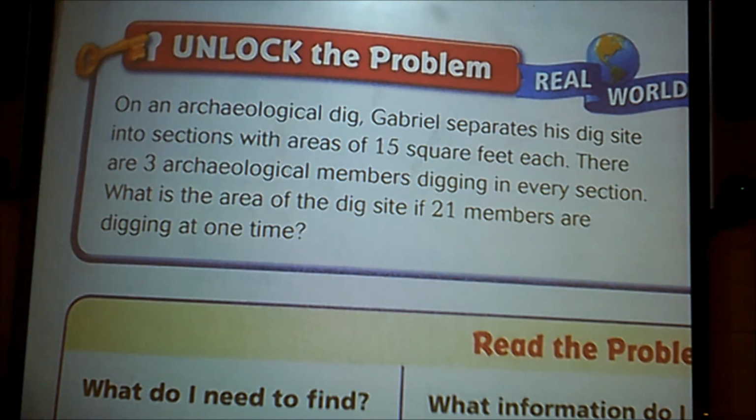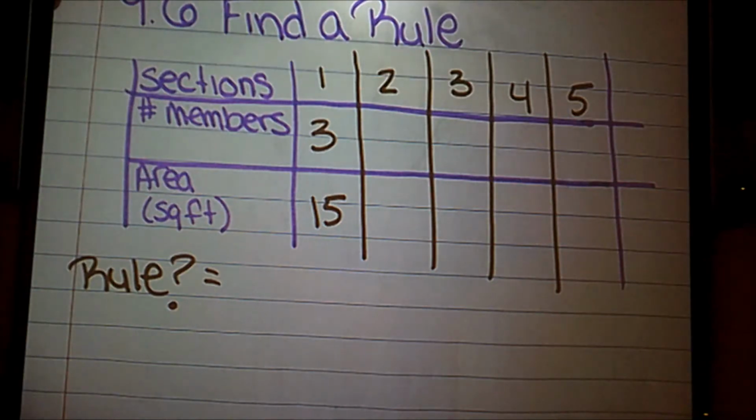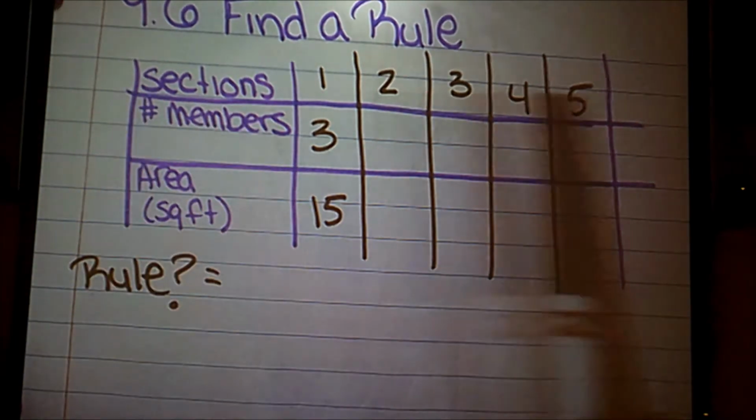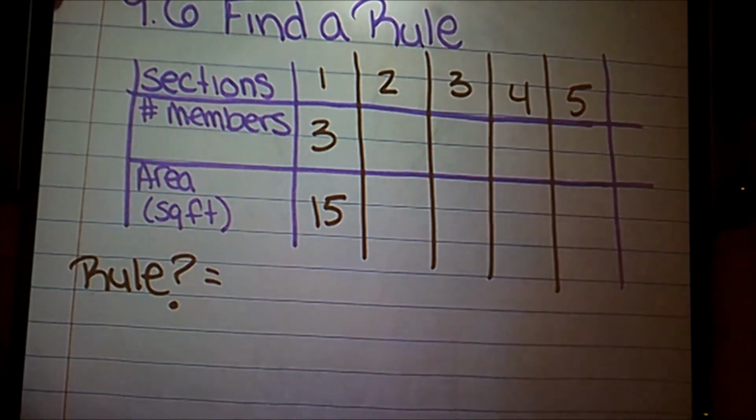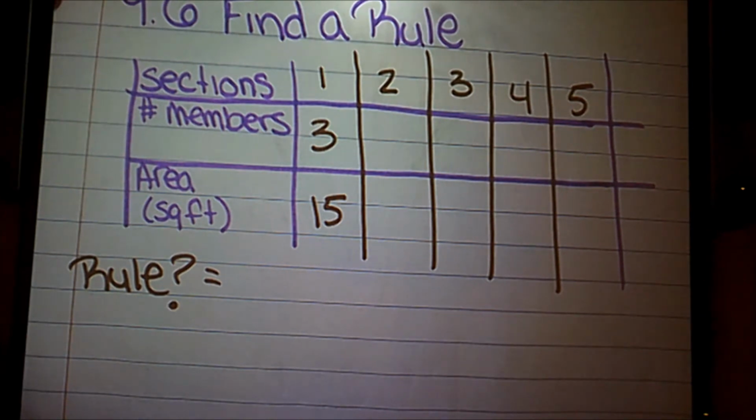I feel like a table would probably be the easier way to go to help me organize all of these numbers and data. So I'm going to create a data table. So here's the table I created. My first row has my section numbers, 1, 2, 3, 4, 5. My next part has the number of members.